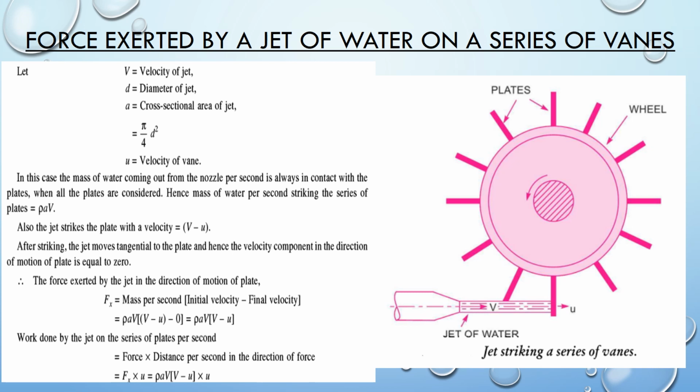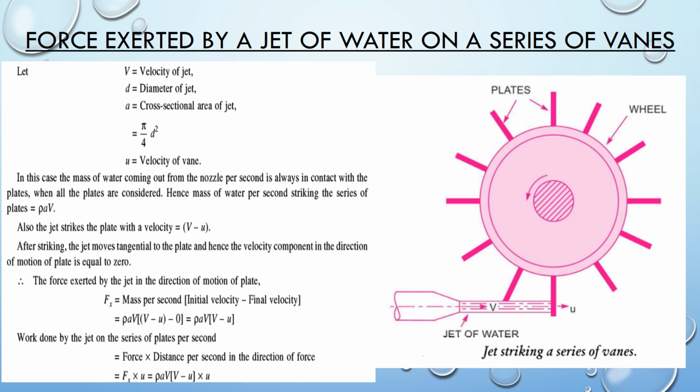So when the jet of water strikes a plate, due to the force exerted on that plate, the wheel starts moving, and the second plate mounted on the wheel appears before the jet, which again exerts force on the second plate, and the third plate comes into picture, and this process repeats, and each plate successively appears before the jet, and the jet exerts force on the plate, and thus the wheel moves at a constant speed. This is how the turbines are working.